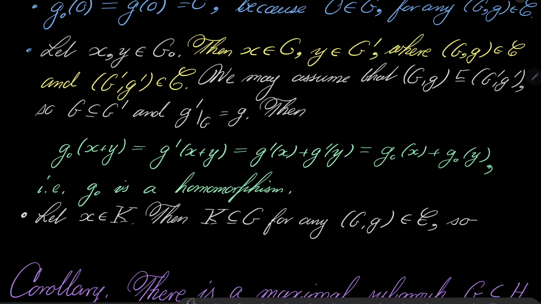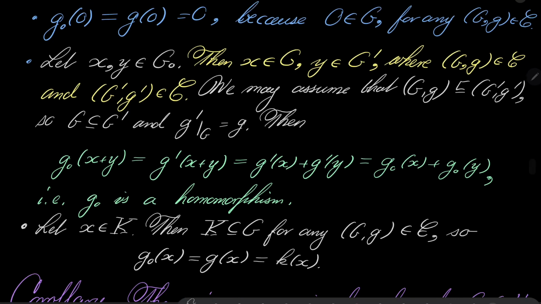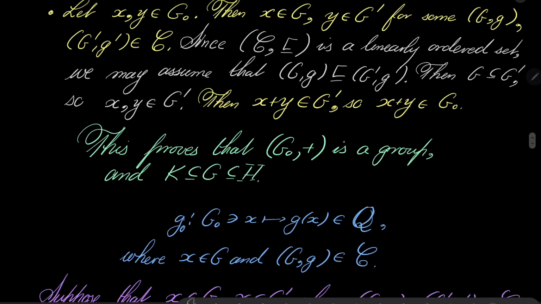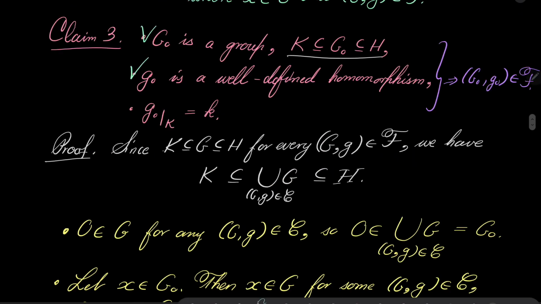So G0 of X equals G of X, but G of X is assumed to extend function K, so it is K of X. If we go back to our claim, I have demonstrated that it is a well-defined function, I have demonstrated that it is a homomorphism, and it extends K.